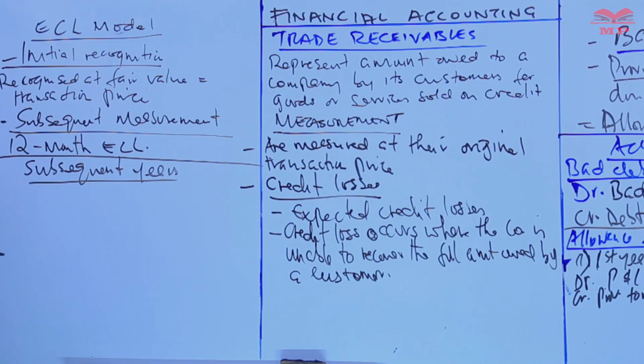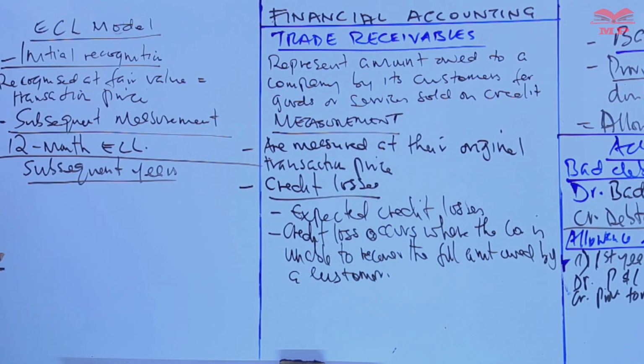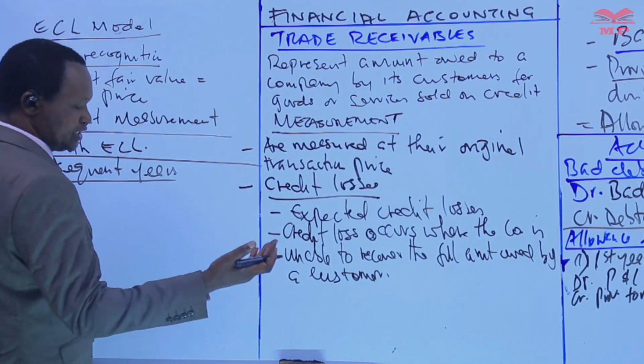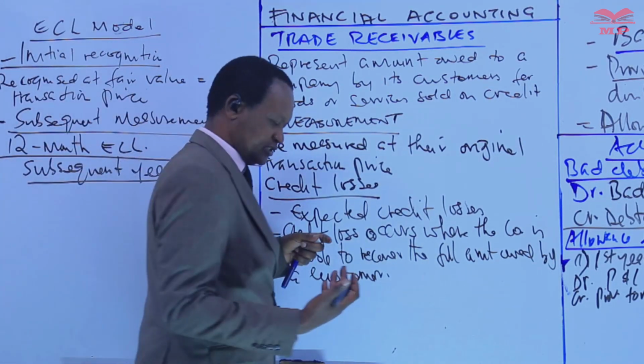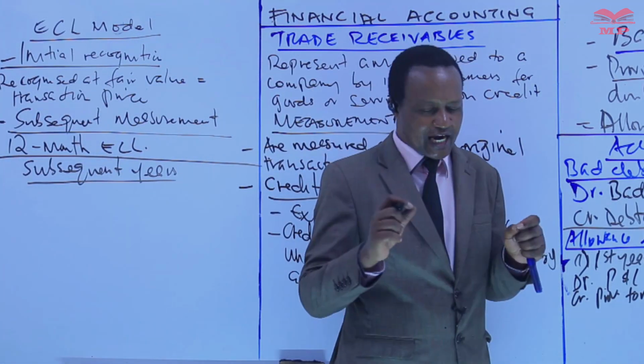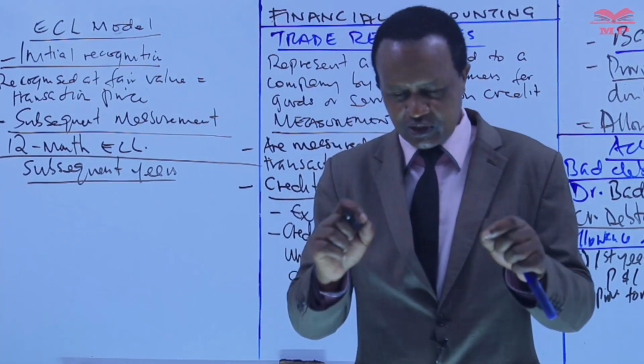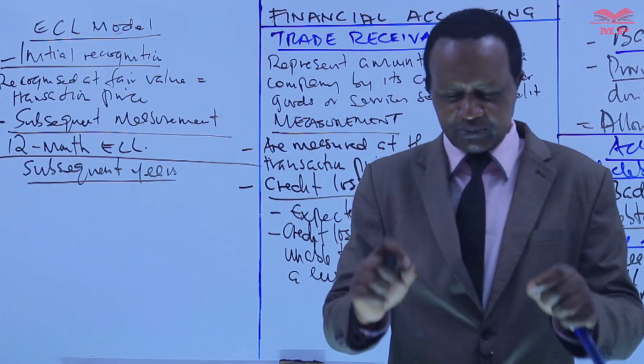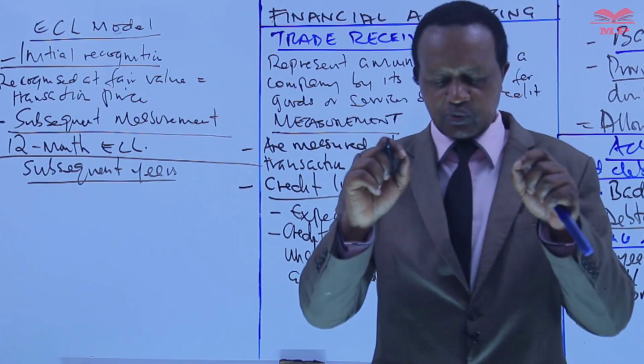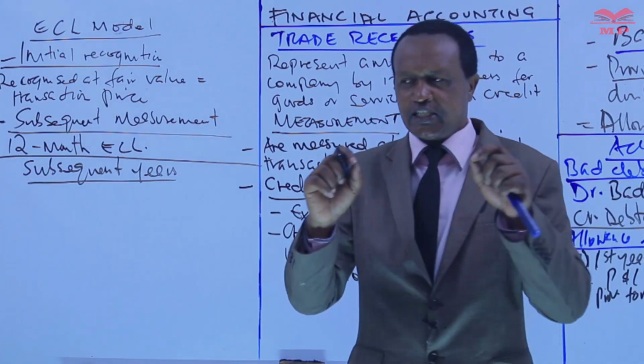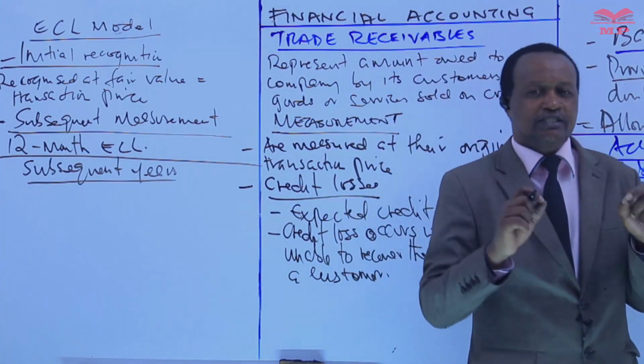Now, in subsequent periods, it will depend on whether the provision is an increase or a decrease. How you account for the allowance for bad and doubtful debts in subsequent years will depend on whether the provision is an increase or a decrease.